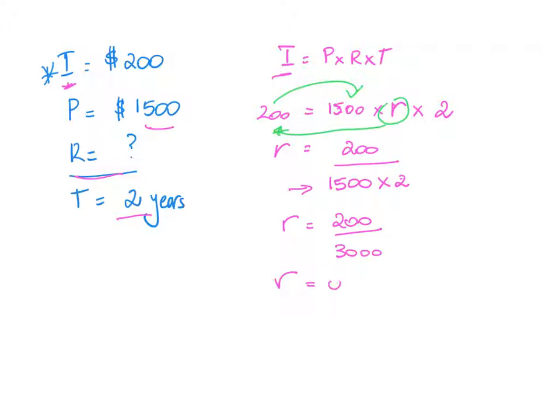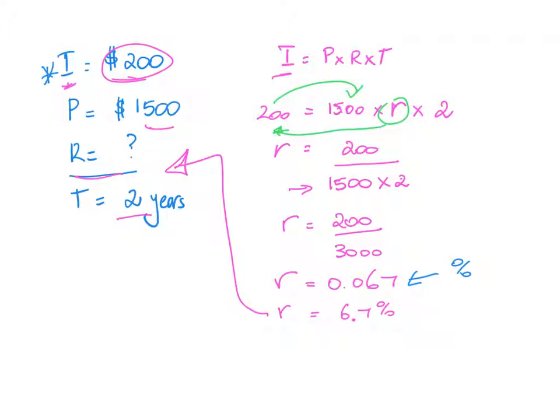It works out to be, we're going to have to round this off, 0.06 and let's just round it off as 7. Now we want to convert this amount into a percentage. So in this case, it would be 6.7%. That's how much we need to get as our interest rate to earn this amount of money using this investment amount over 2 years.